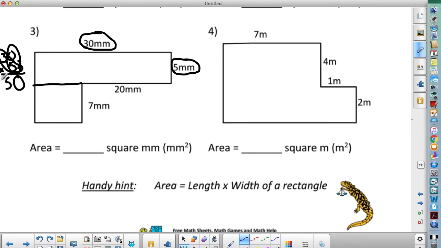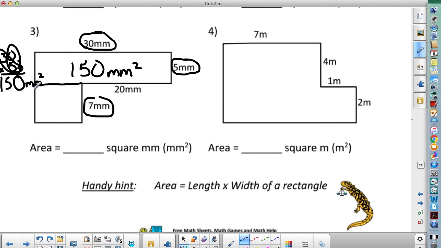So we have 30 times 5 is 150 millimeters squared. Okay. Now let's take a look at the smaller rectangle. We know one of the sides from there to there is 7 millimeters. And now we need to find from there to there.